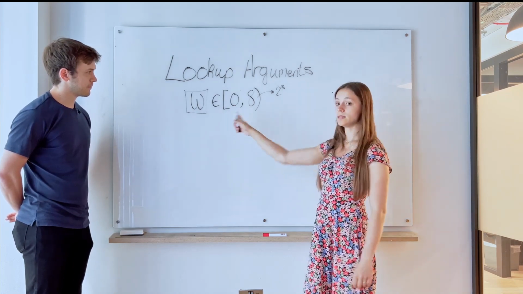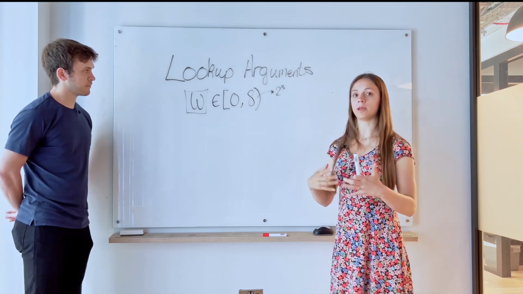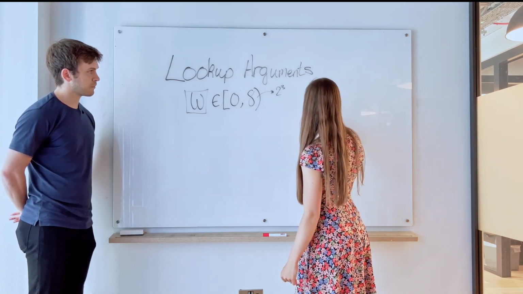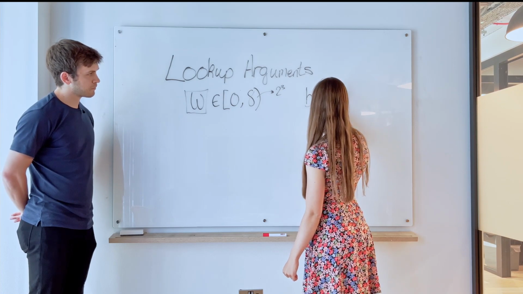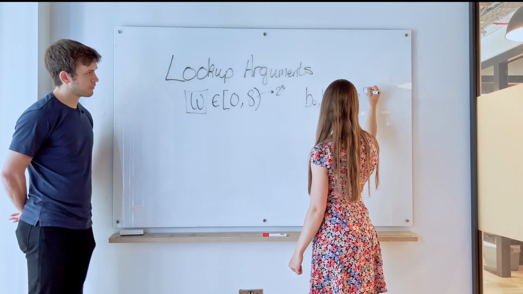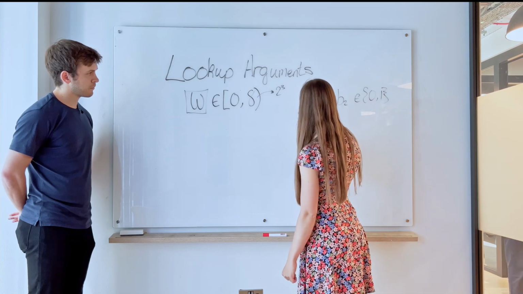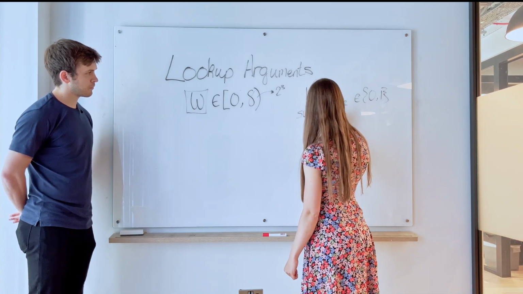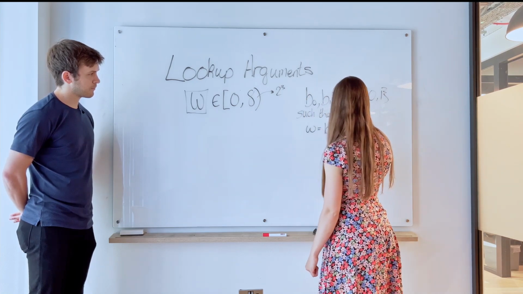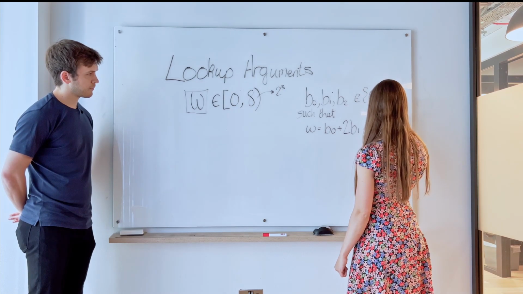One of the classic ways in which we would try and show that W is within this range would be through doing a binary decomposition. So we would say that there exist values B0, B1, B2, all in {0, 1}, such that W is equal to B0 plus 2 times B1 plus 4 times B2.